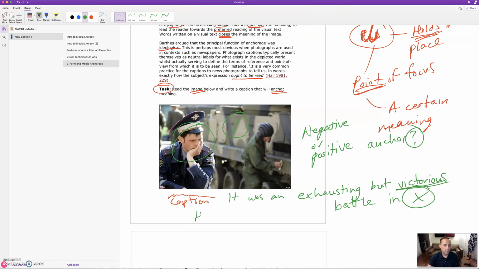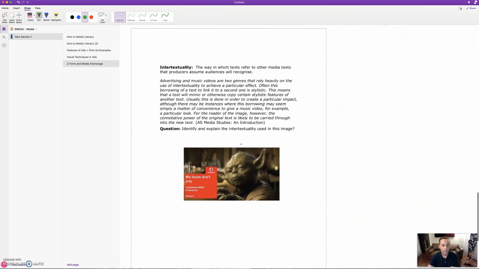You could say he was depressed after losing the battle. Notice how the image doesn't say anything. It's only the anchor that gives the interpretation. Okay, so that's media anchorage. Has to do with text interpreting the image.